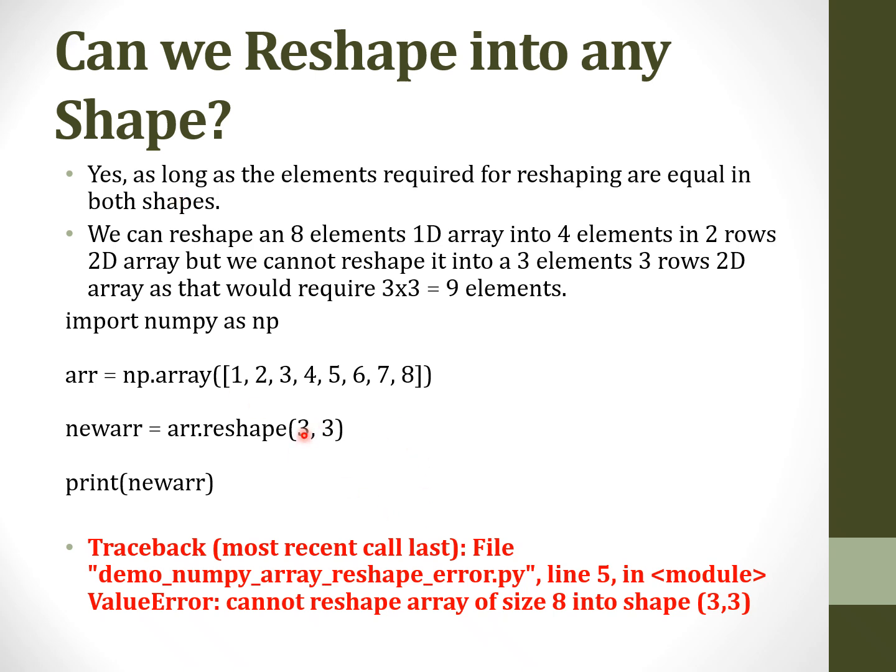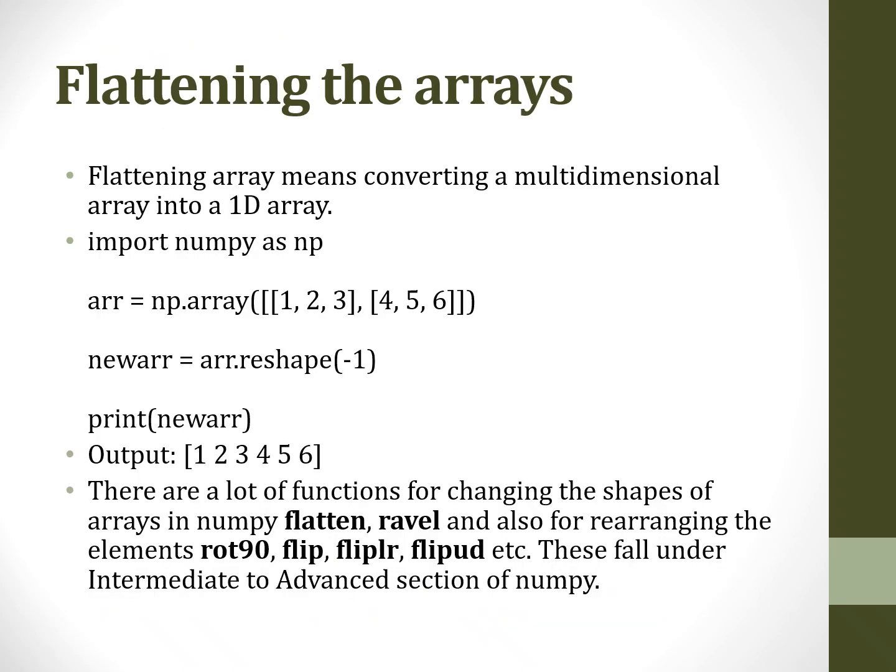For example, see here, 1, 2, 3, 4, 5, 6, 7, 8. Totally, we have only 8 elements here. But if we try to reshape it to 3 comma 3, which requires 3 star 3, that is 9 elements, but there are only 8 elements. So what happens? An error will be thrown. So that is the major requirement for reshaping any matrix into any other matrix.